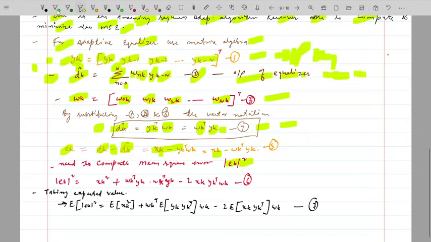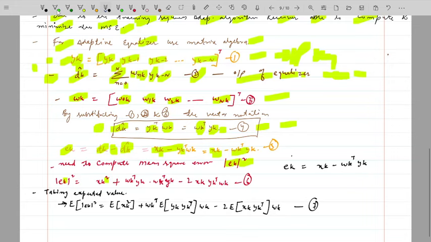So the value of E of k is x of k minus y of k transpose dot w of k, or we can also take this value, that is x of k minus w of k transpose into y of k.